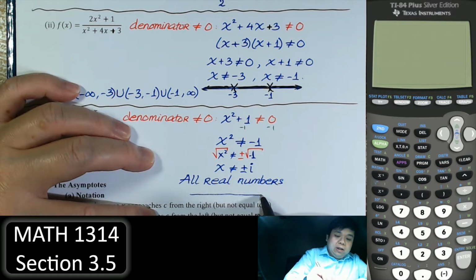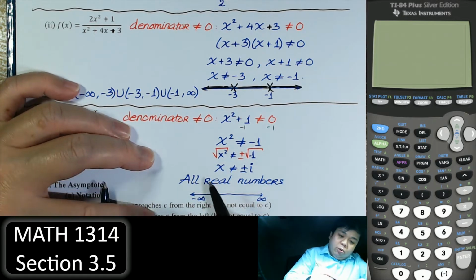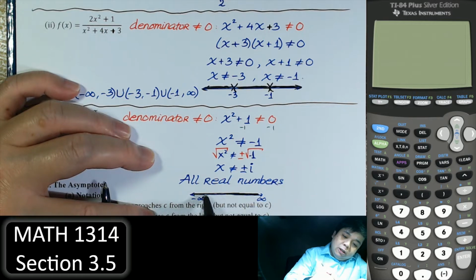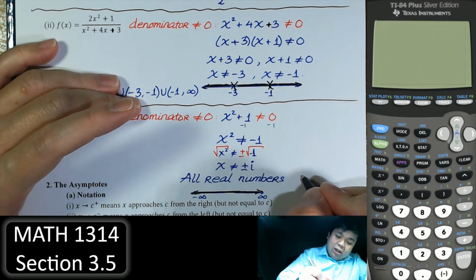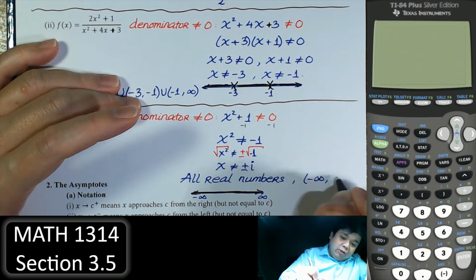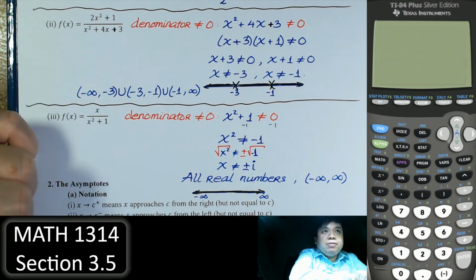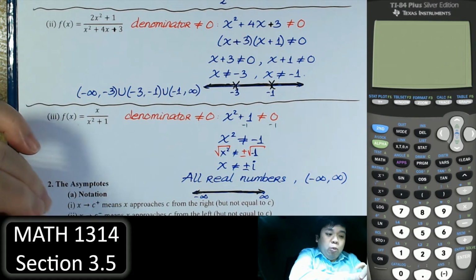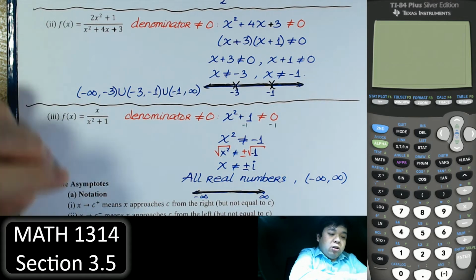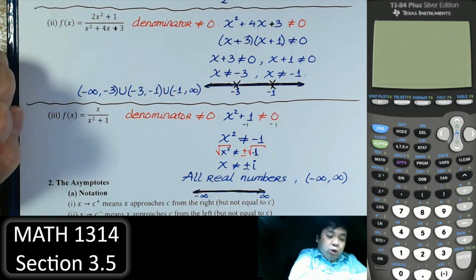Meaning that it will be the whole number line. And we will write negative infinity to infinity for real numbers. So once again, for the domain of a rational function, just set the denominator not equal to 0.